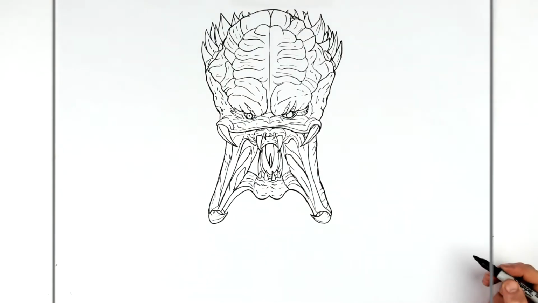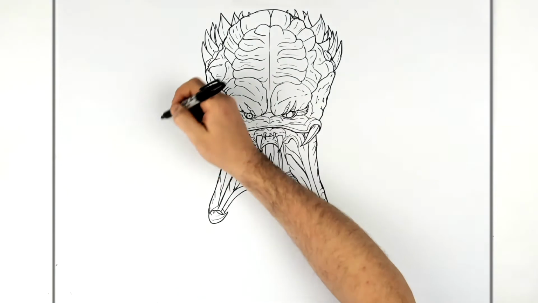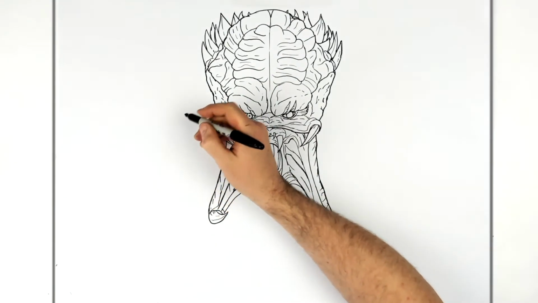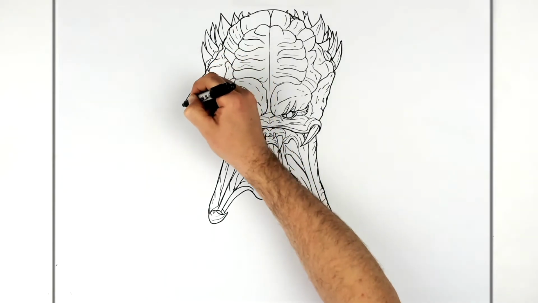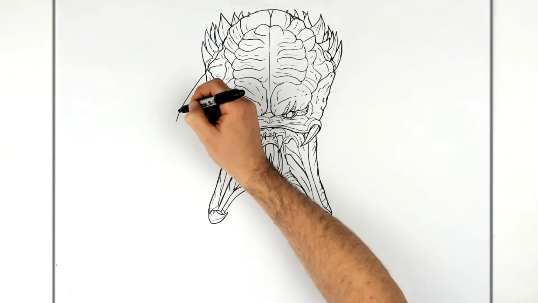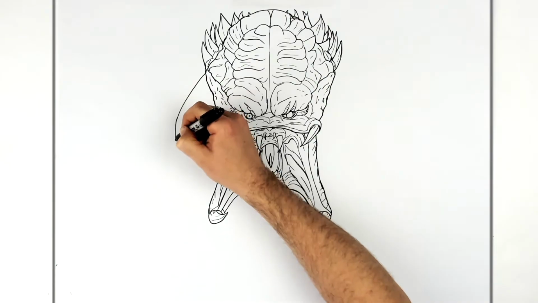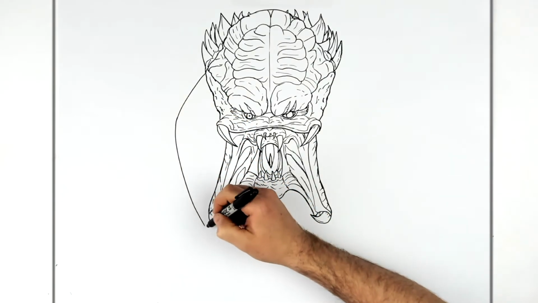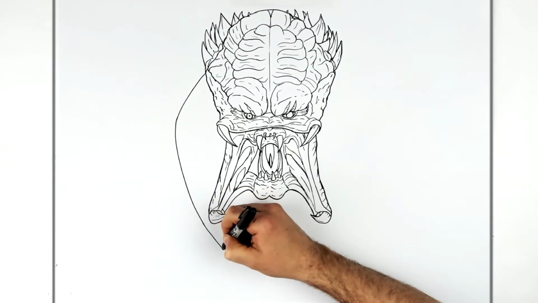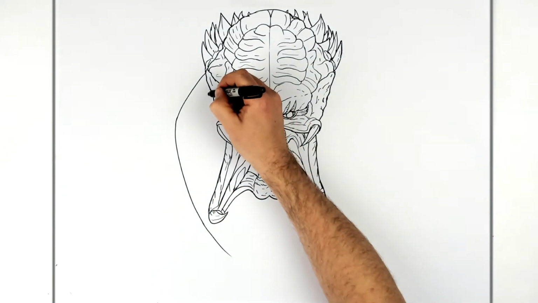Right, so then dreads, okay. Dreads that come down over his shoulder and things. So say first one, we'll start here, we'll just go down that way, right?